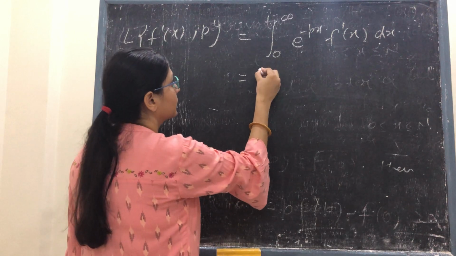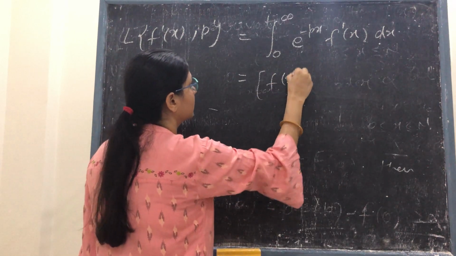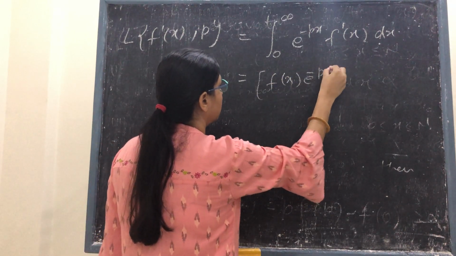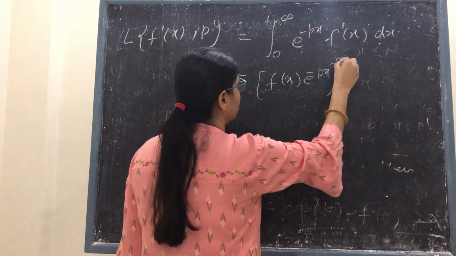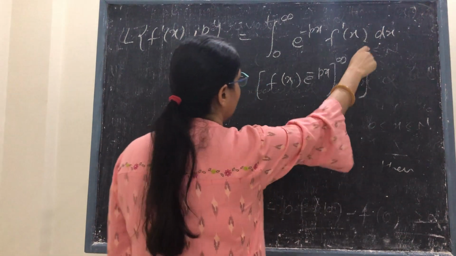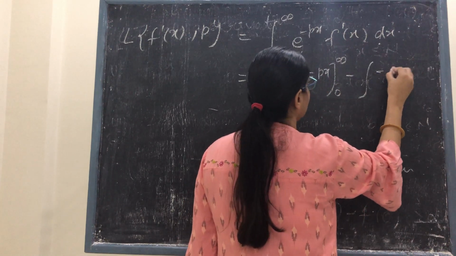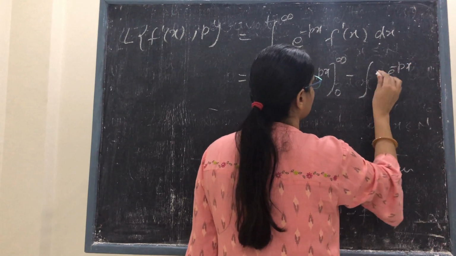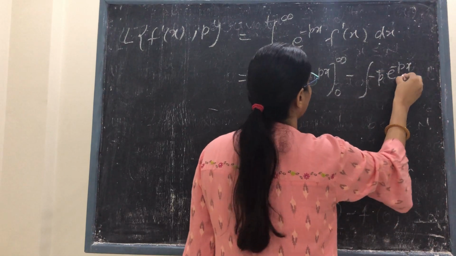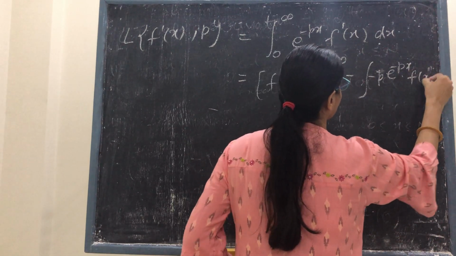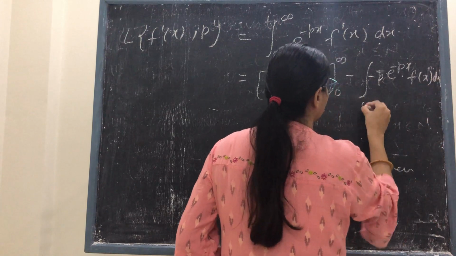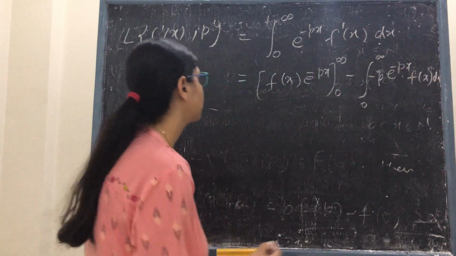This will become f of x e raised to the power minus px 0 से infinity minus integration, differentiating this e raised to the power minus px, p is outside. This become f of x dx 0 से infinity.